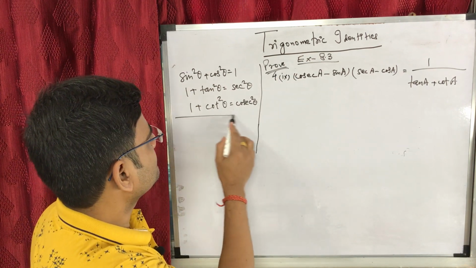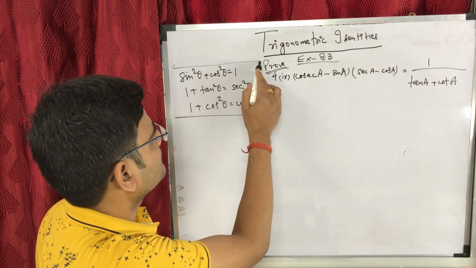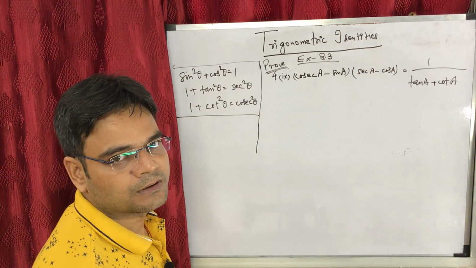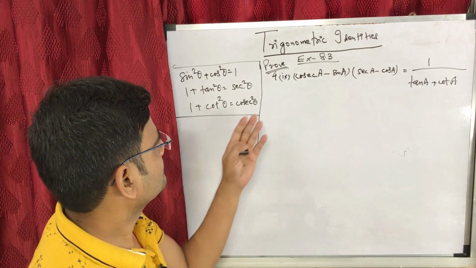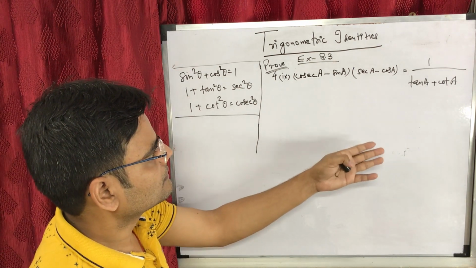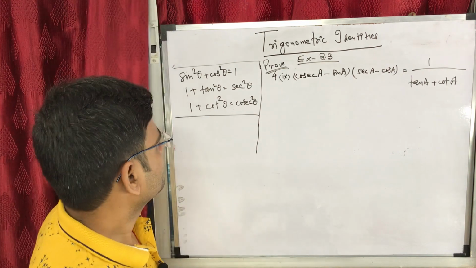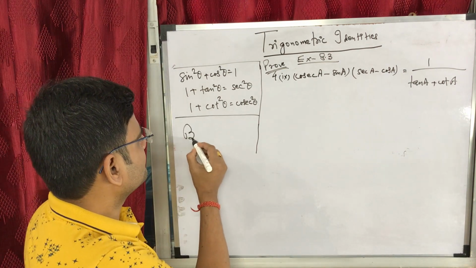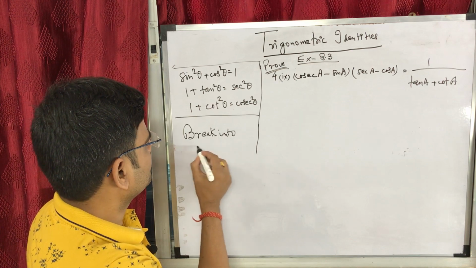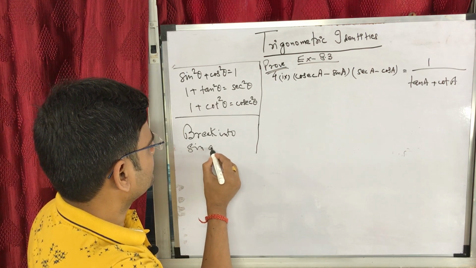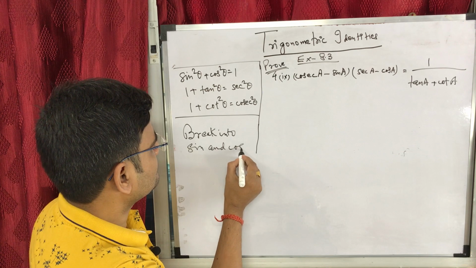You must be aware of these three identities, with the help of which we actually prove any other identity. So if this is the identity, I already told that try to break into sine and cos. This is one of the basics.